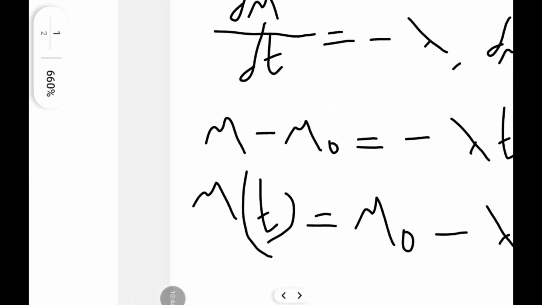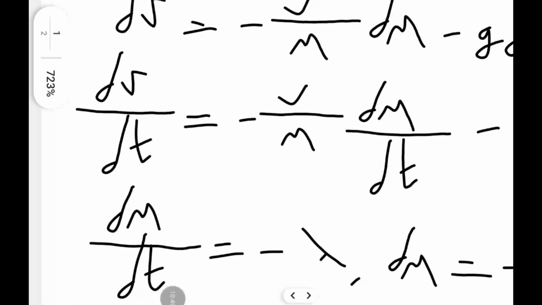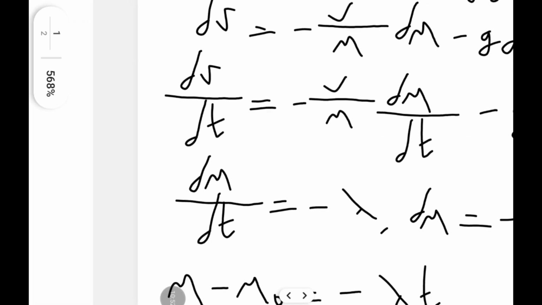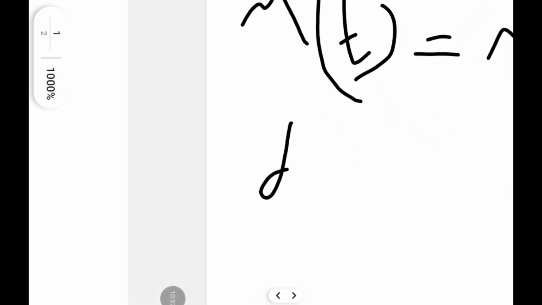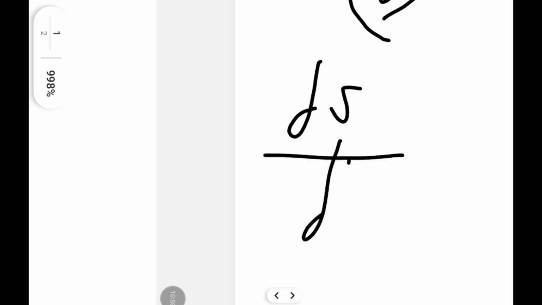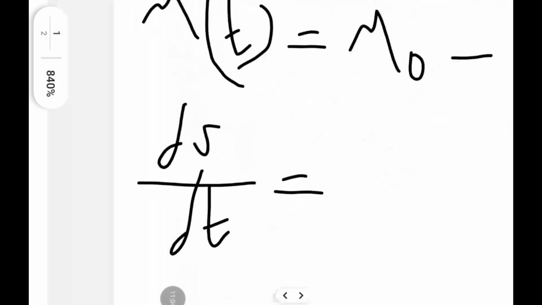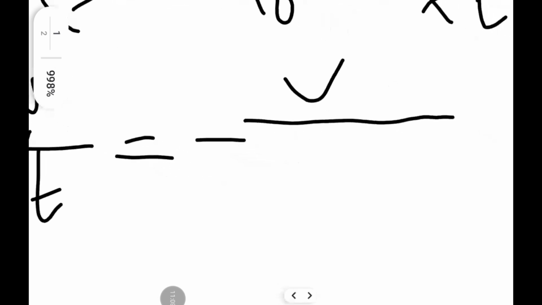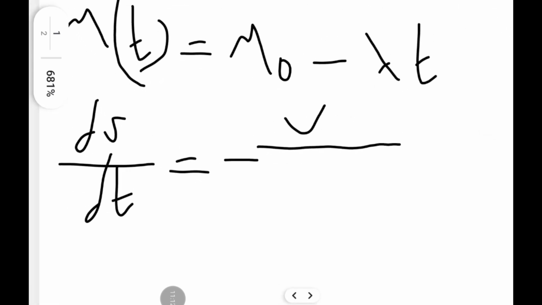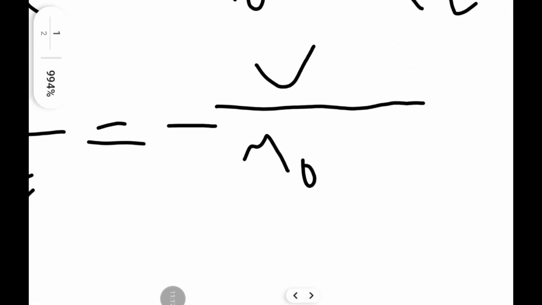If you remember our equation, it has the form dv by dt is equal to negative u over m times dm by dt, minus g. We can put that into that form. So we get dv by dt is equal to negative u over m, and remember m is mass as a function of t, so it's going to be m0 minus lambda t.